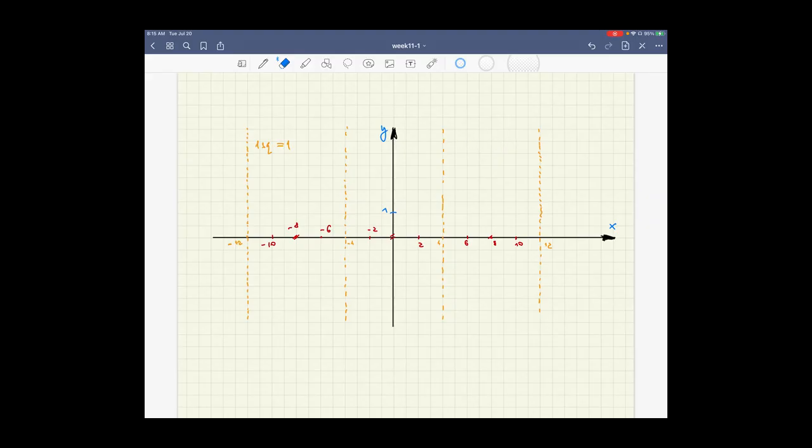So now, where tangent used to be 1, it will take value 4.